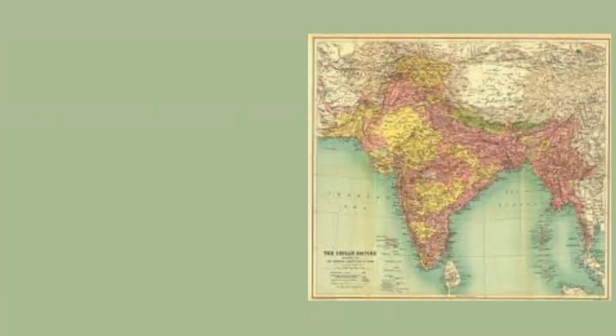That way, Article 1 refers to our country as India, that is Bharat. Hindustan was dropped as a name for our country after independence, and we officially have two names, Bharat and India.